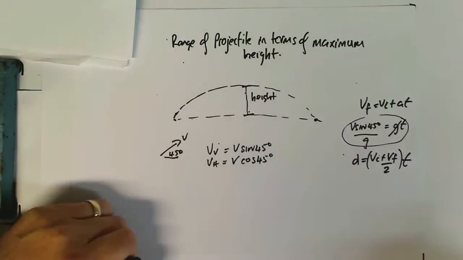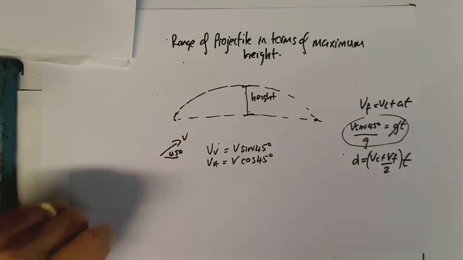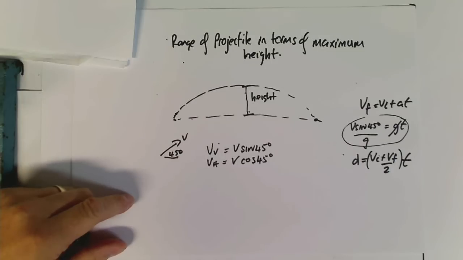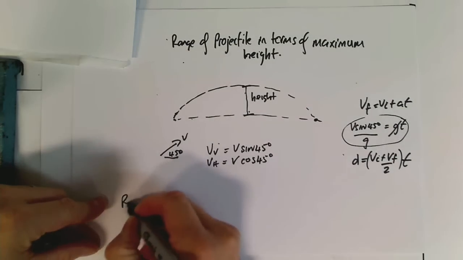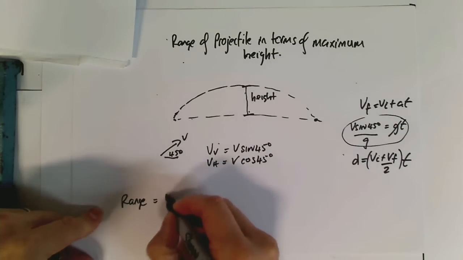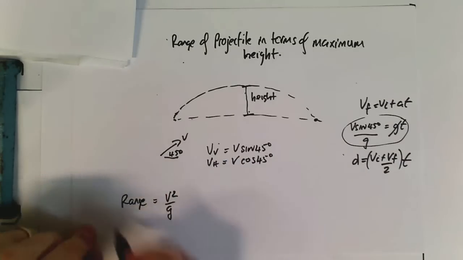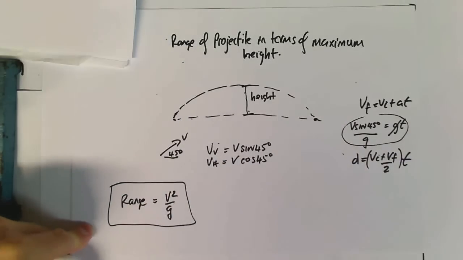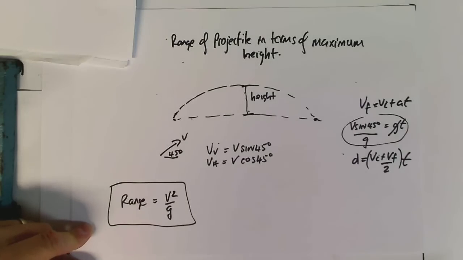Alright, so the actual range we already knew from our previous problem. The range in a problem like this is going to be equal to V squared over G. So that's the normal range. What we're trying to work out now is the height.